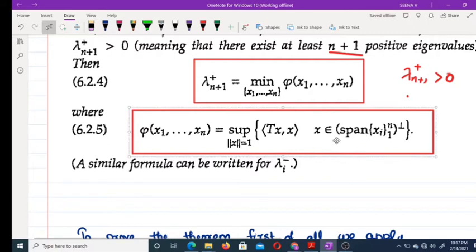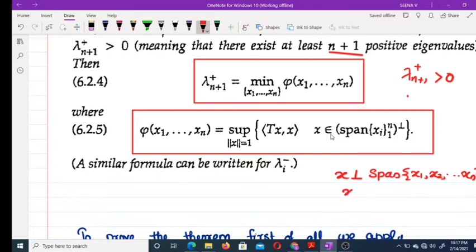So we are collecting those x such that norm of x must be 1, and also x is orthogonal to the span of x1, x2, etc., xn.